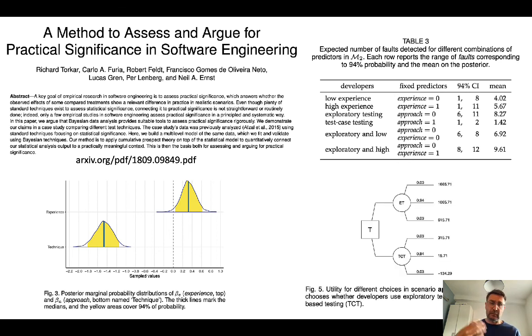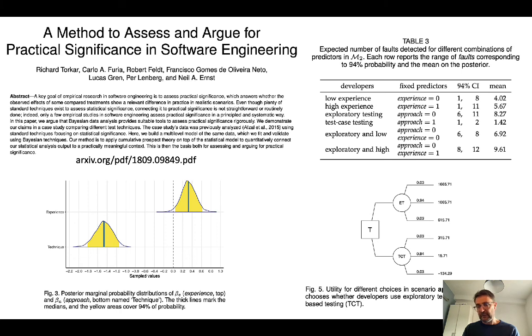Then we show in this paper that by having cost estimates, you can actually get the distribution of utility. Connecting this cost with the posterior, we can estimate the cost effectiveness, the return on investment, of using exploratory testing on top here compared to test case testing.